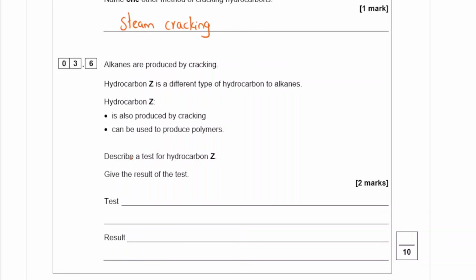Hydrocarbon Z is a different type of hydrocarbon to alkanes. Hydrocarbon Z is also produced by cracking, and can be used to produce polymers. So these are your clues. The hydrocarbons that are usually used to make polymers are alkenes.